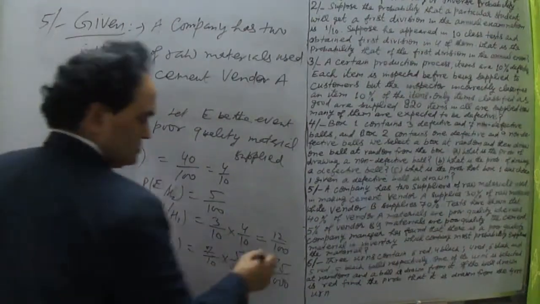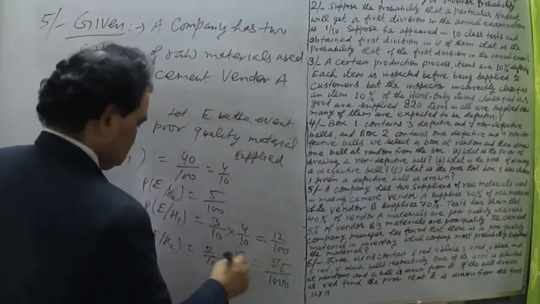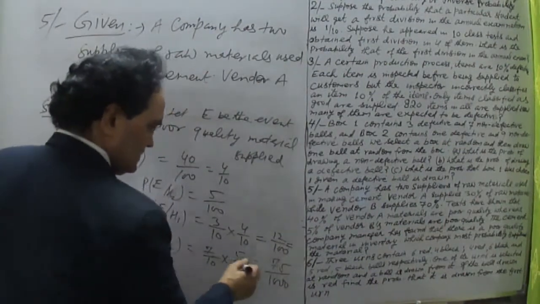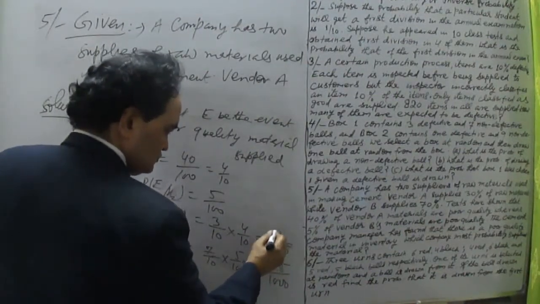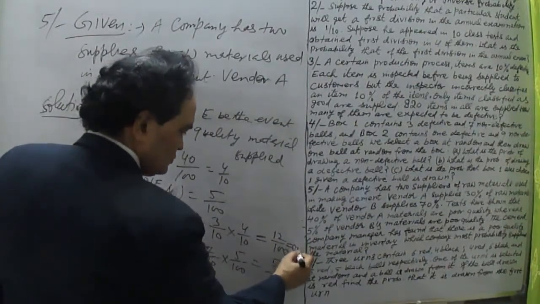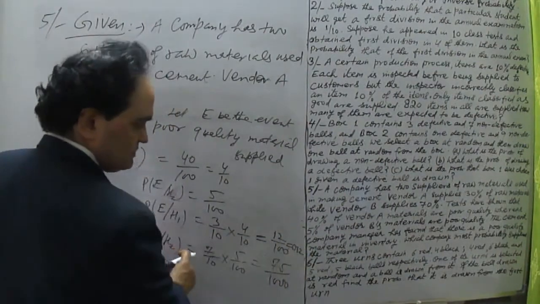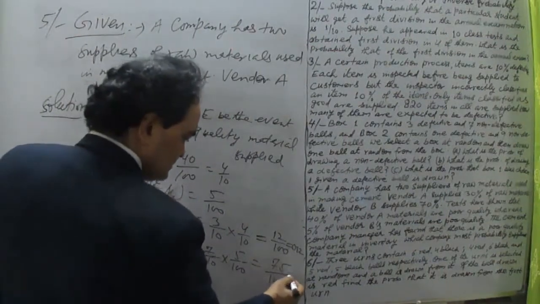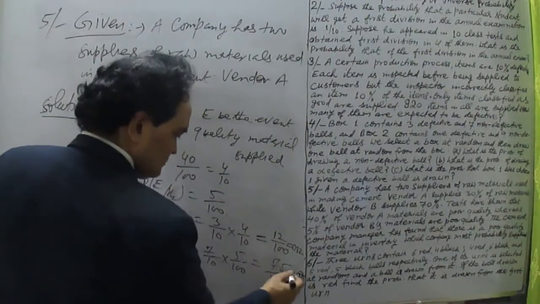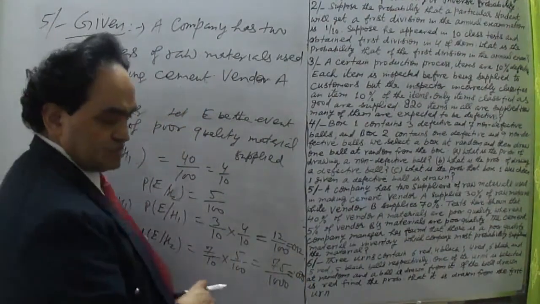So this is 0.12, the poor quality. This poor quality is only 0.12, right? And here it is giving us 0.075 for the second vendor. So what does it mean?